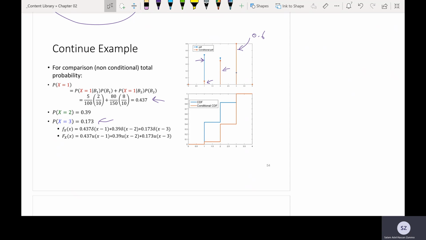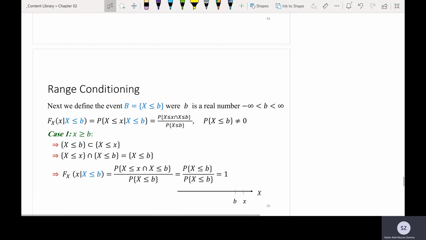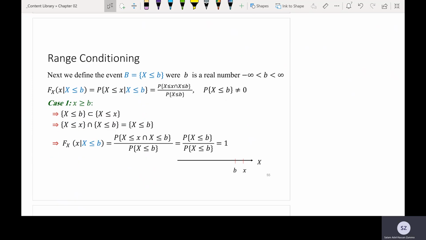So my question will be, what will be the distribution of X given that X is less than 2? This is a range condition. Okay, clear? So here it will look like this. We will define a new event B, which is the condition.